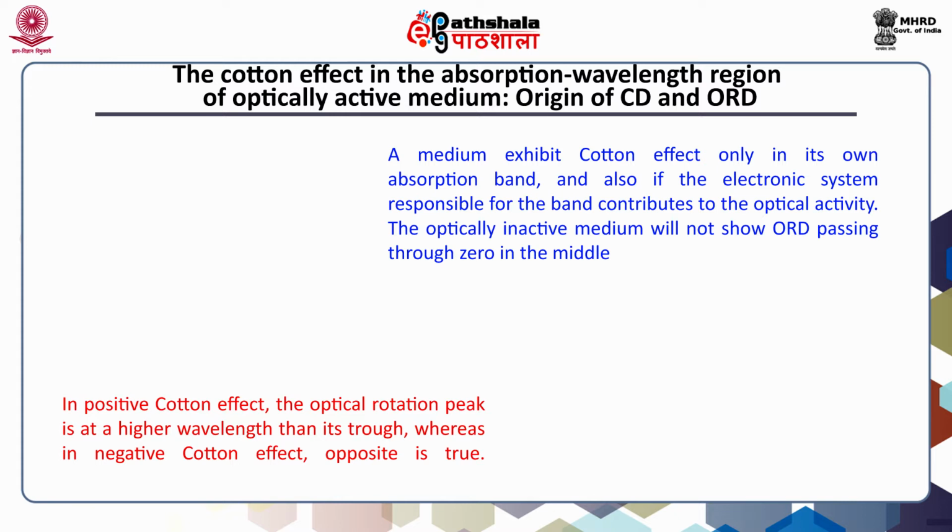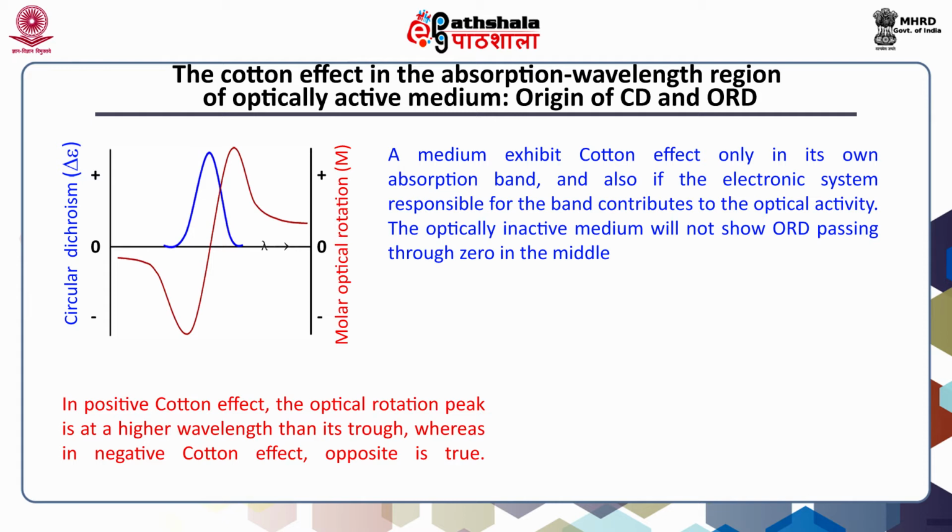This also means that the electronic system or electronic transitions are responsible for the differential absorption of polarized light by the optically active medium. It has also been observed that the molar rotation increases with decrease in wavelength for one isomer of an optically active medium, and this is known as the positive Cotton effect. You can see curves in the panel on the upper left side.